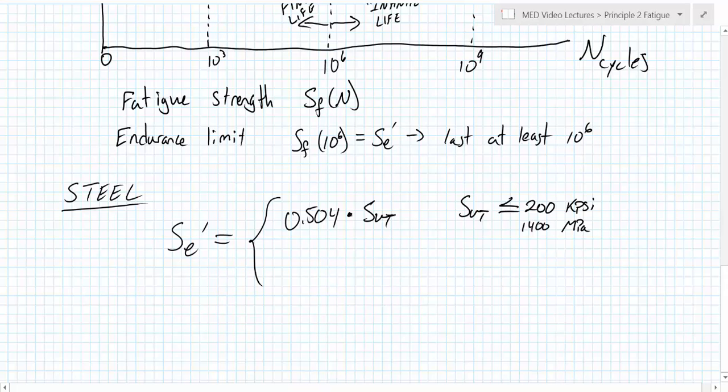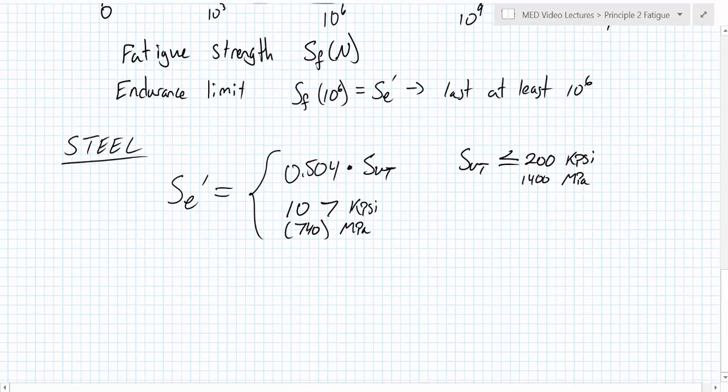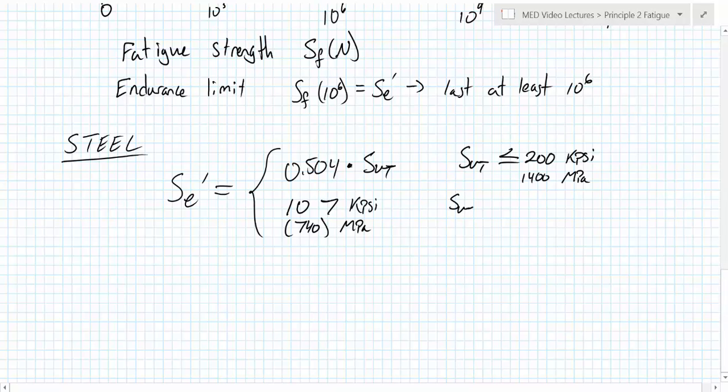Otherwise, we basically set it as a limit. So it limits out at about 107 kpsi, which is equivalent to about 740 megapascals. That is if the ultimate strength is greater than about 200 kpsi or 1,400 megapascals.